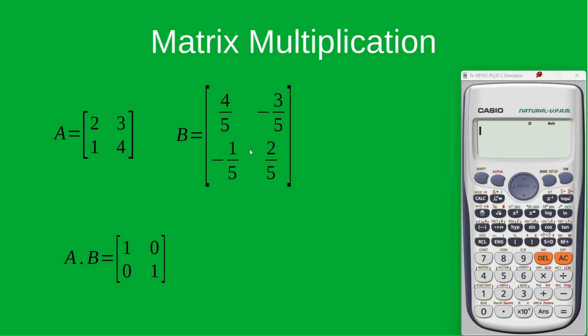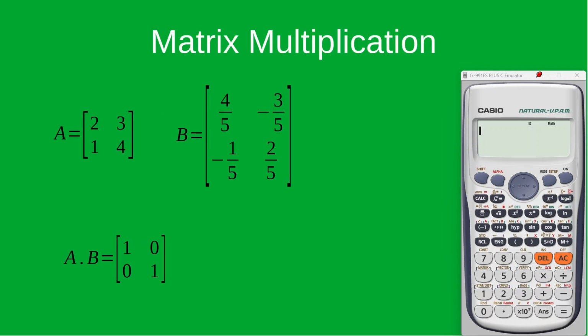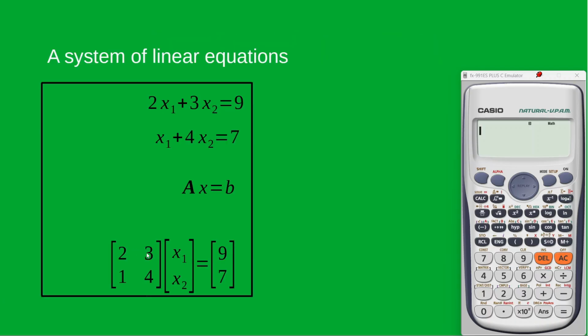Now let's see how we use matrix multiplication in the calculator to find the solution for a system of linear equations. The system of linear equations is 2x1 plus 3x2 equal to 9 and x1 plus 4x2 equal to 7. Equivalently in matrices, it is represented as 2, 3, 1, 4, times x1, x2, equal to 9, 7.